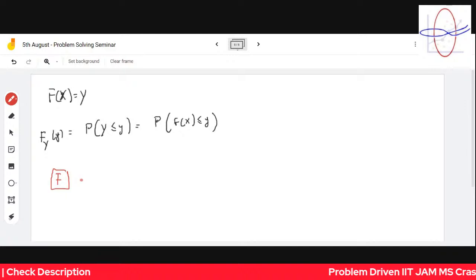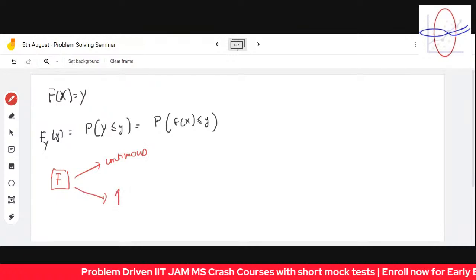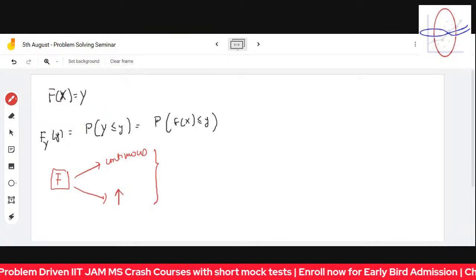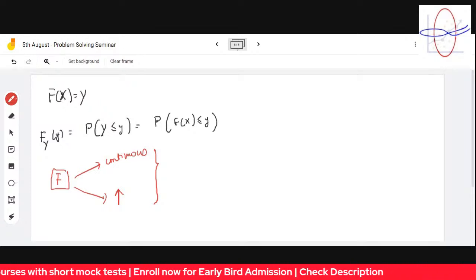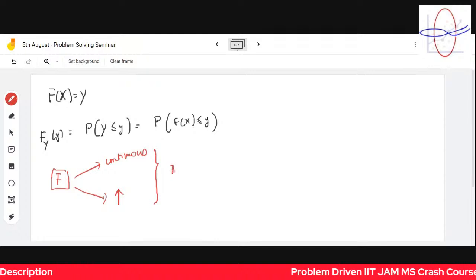In this case it's continuous and increasing. There's a result in real analysis and calculus that if a function is continuous and increasing, then it is bijective, it's invertible.